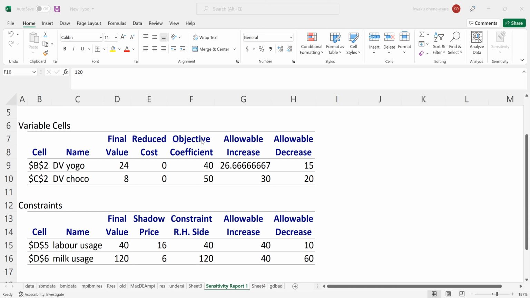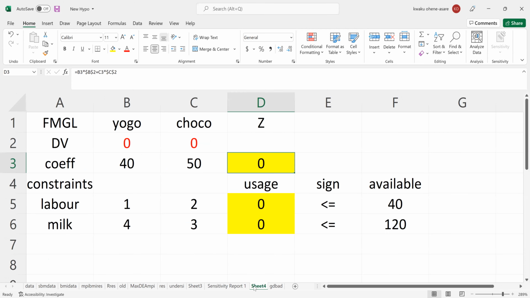So let's go to our Excel. If you look at the Excel carefully, remember the sheet that we used. We said that this value of 40 should not go below what? Type me the answer. It should not go below 25.